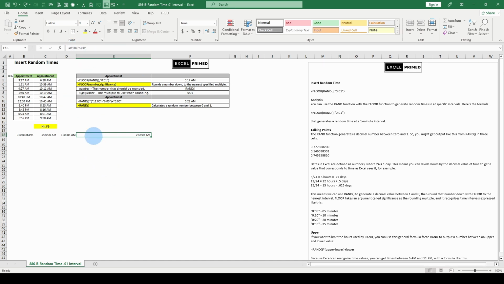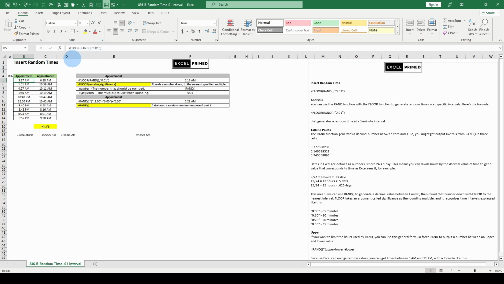Now, if you go past midnight, you know you're going to have to add 13 or 14 or what have you. There's a little versatility in terms of the RAND function and the 11 minus 6 deal. In terms of this other one, we have FLOOR with RAND.